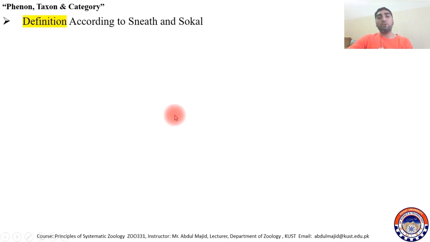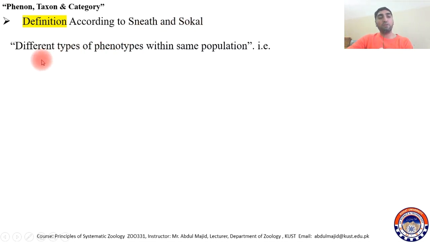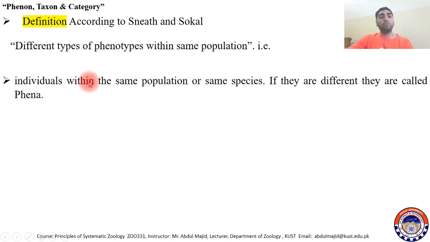Then the definition of phenon according to Sneath and Sokal. According to Sneath and Sokal, different types of phenotypes within the same population or same species, if they are different, are called phena.